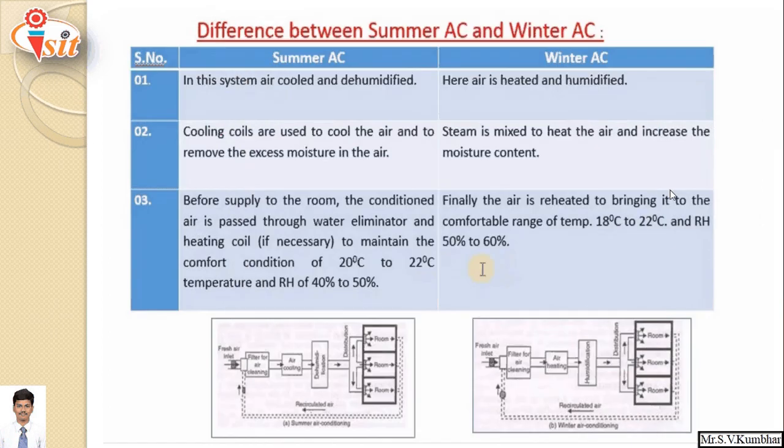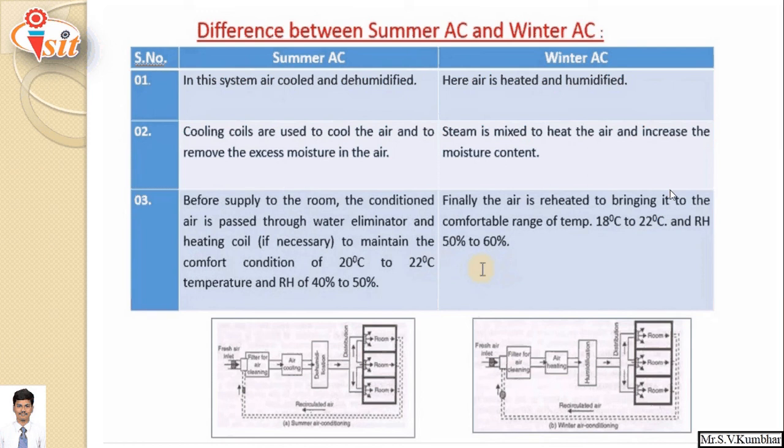Now it's a time to learn the difference between summer air conditioning and winter air conditioning. So first difference you can mention, summer air conditioning is generally used in summer, winter air conditioning is used generally in winter. Second difference, in summer air conditioning system, air is cooled and dehumidified.